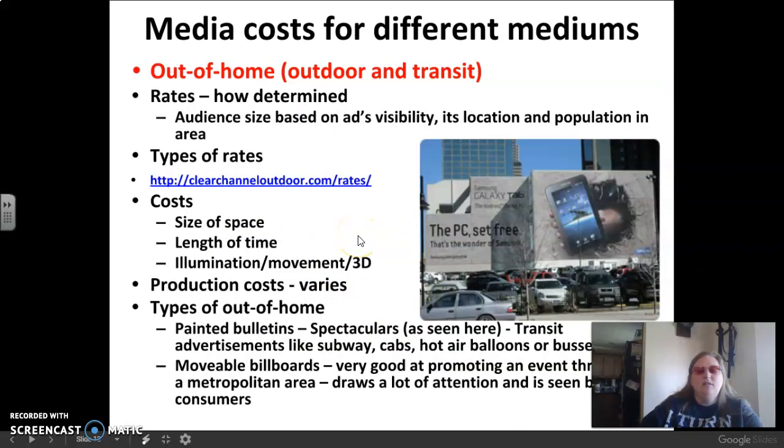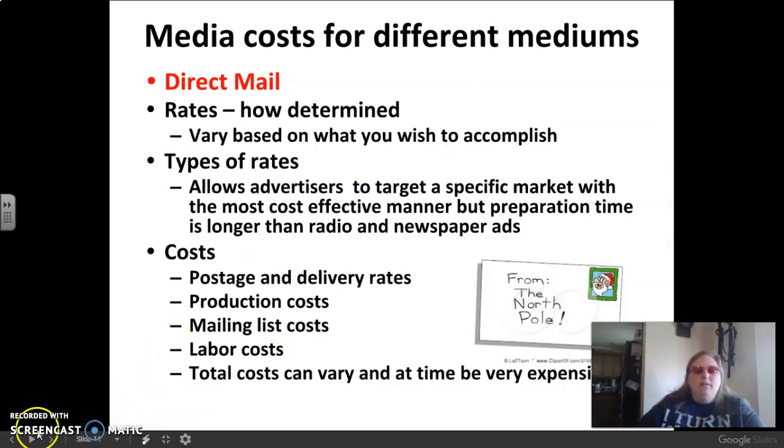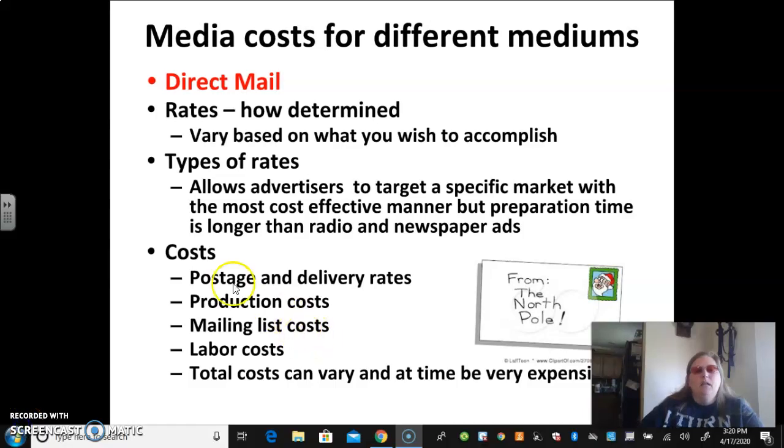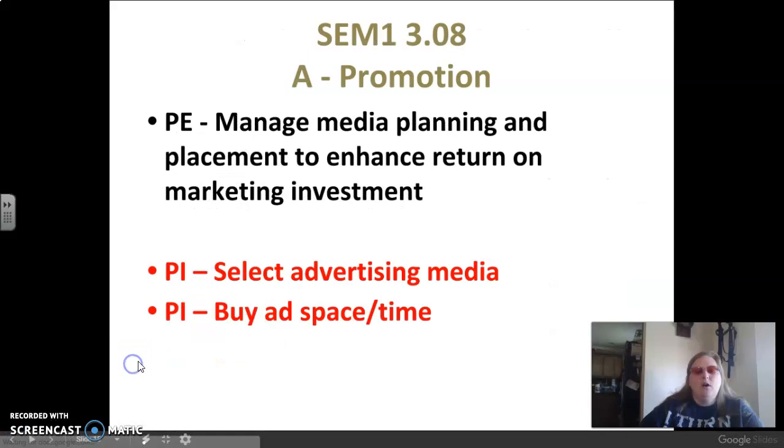Then you have out-of-door promotions, which are your billboards, your static signs, different types where it's not moving, it's in the same location in a populated area. Sometimes you can even see movable billboards, the ones that are on buses or things of that nature. Direct mail we've already talked about, how that works and how you get your cost.